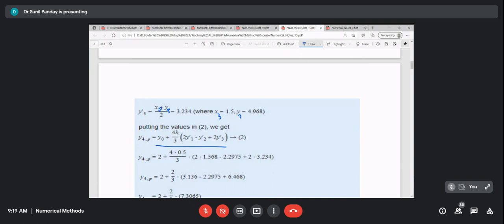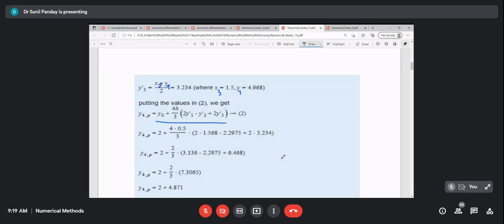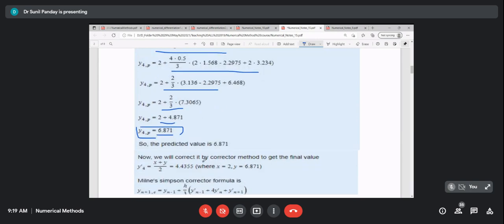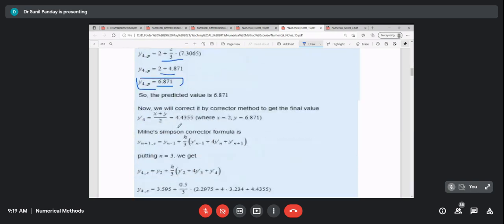So if you substitute these values here, maybe day after tomorrow I will take the atomic positions. You will have this and after simplification you will get your predicted value like 6.871. So now you correct this predicted value using your corrector formula.